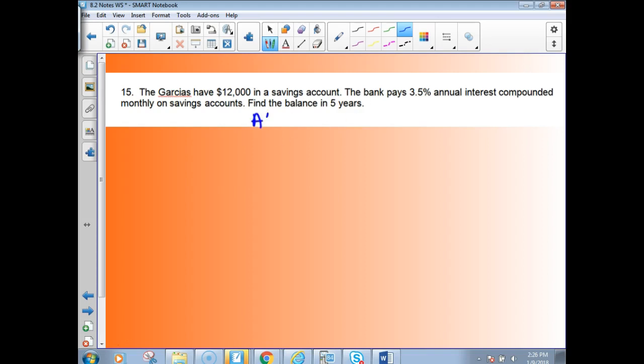Okay, Garcias over time. We're compounded monthly on this one again, so that'd be an N of 12, and we're going to do 12 times 5 for the exponent. Okay, calculate and then check your answer, please.